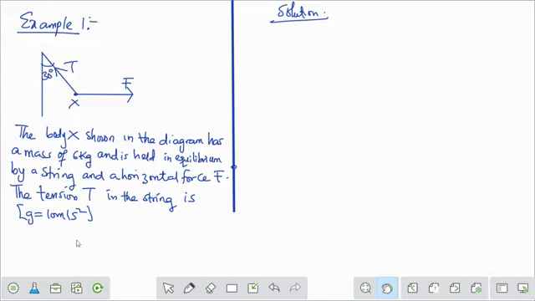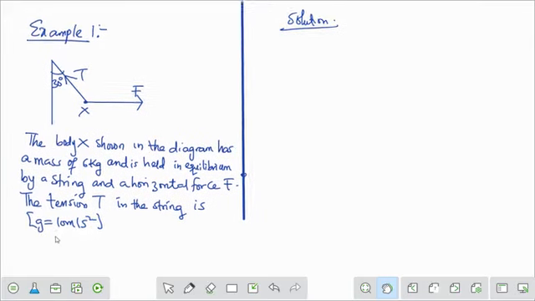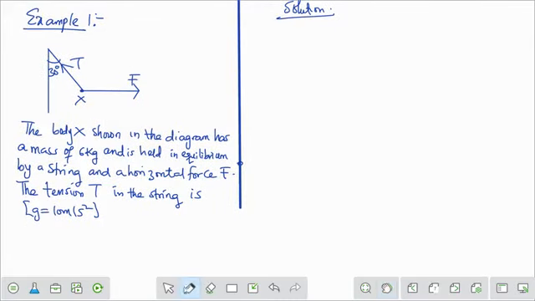Sorry, it is also in the question that we should find the magnitude of F. The first question says we need to find the tension of the force. Now, this question is very simple. Just know the method. It's very, very simple.